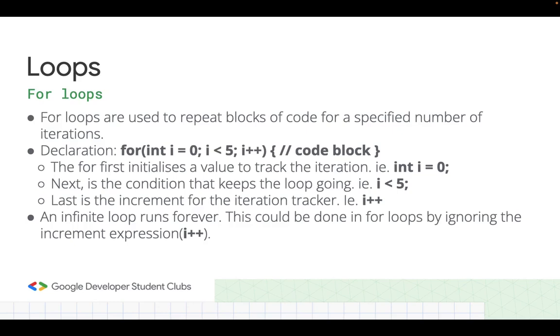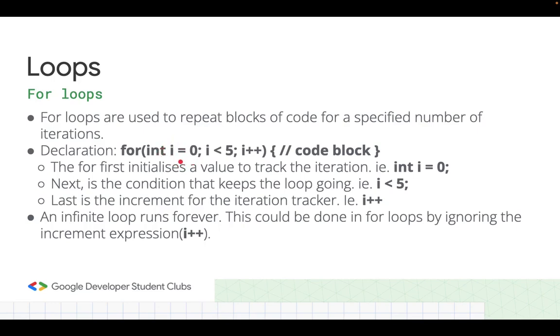But if it's false, then your loop stops and moves on to the next line in your code, outside your for loop. And then the last one is an optional increment or decrement, a statement that either increases or decreases your iteration counter.